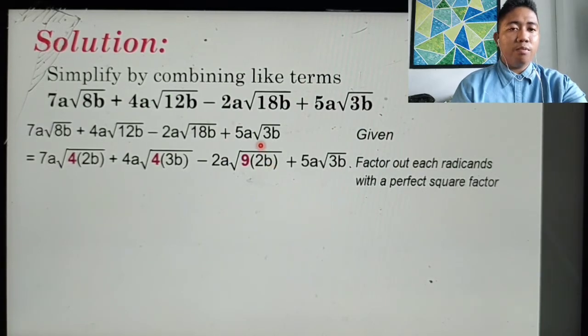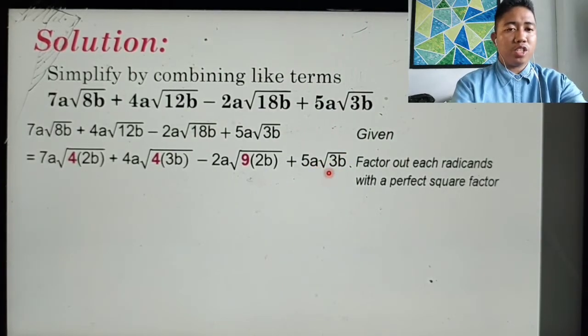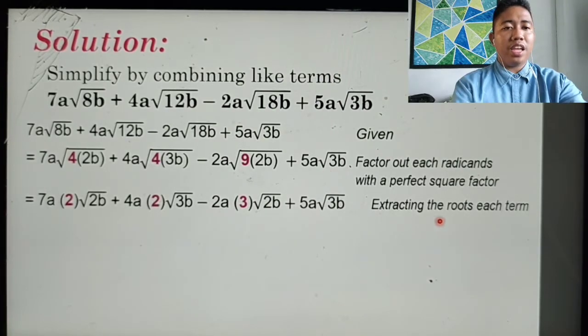And then the square root of 3b doesn't have a perfect square factor since 3 is a prime number, so we copy the last term. It becomes 5a times the square root of 3b. The next step is extracting the roots of each term. By simplifying the perfect squares, the square root of 4 becomes 2, the square root of 4 is also 2, and the square root of 9 becomes 3.